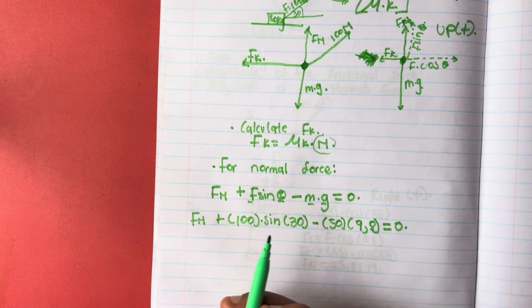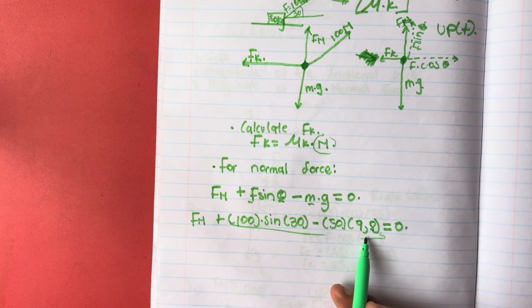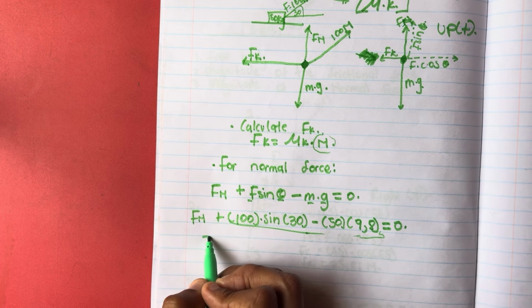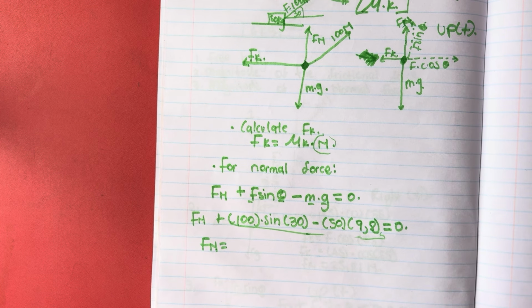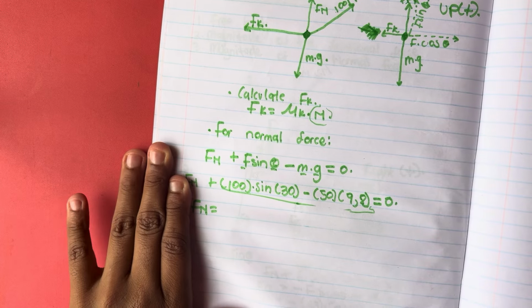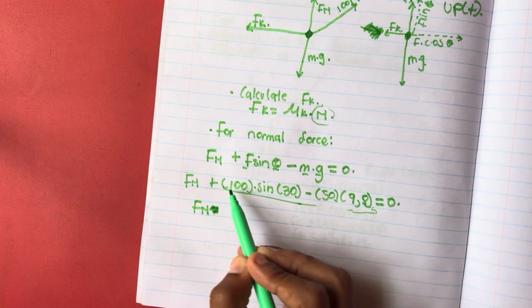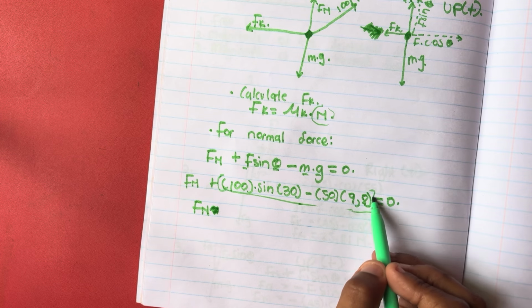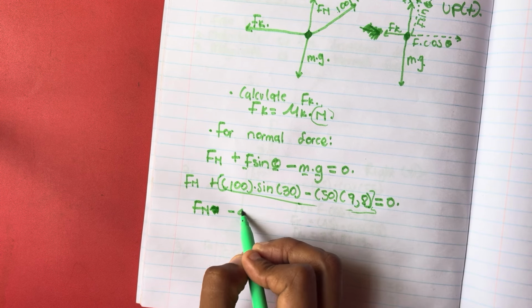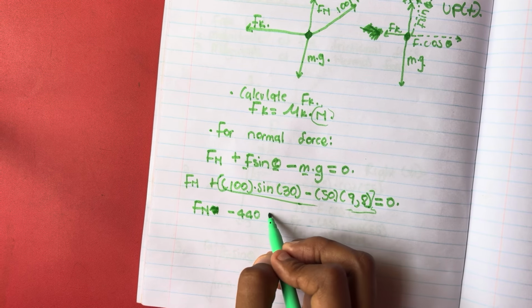So we can work out what this is with our calculator and then transpose it. When we work this out in our calculator, it's giving me negative 440, which will be equal to 0.